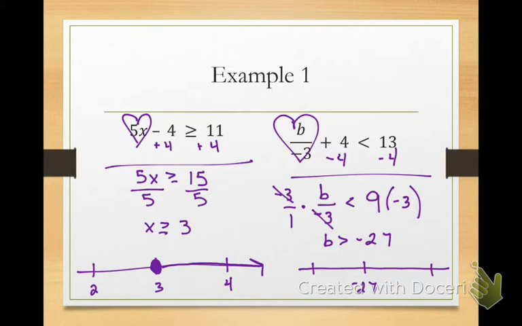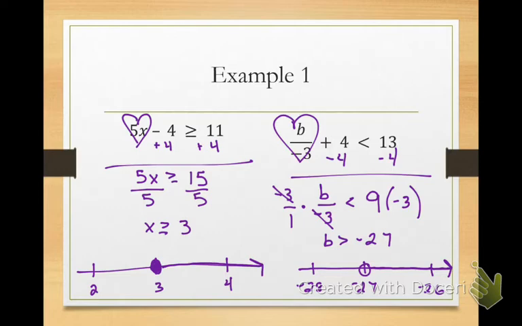All right, what number goes to the left? Negative 28. What number goes to the right? Negative 26. Would it be an open or a closed dot? Open dot with my arrow going to the right. To the right. It's greater than. Okay, it's got to be greater than.